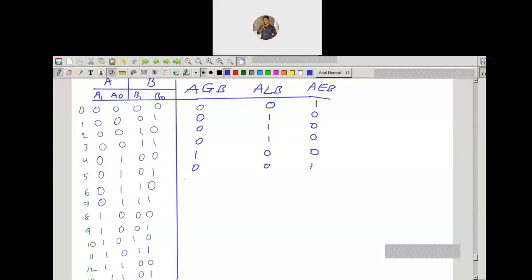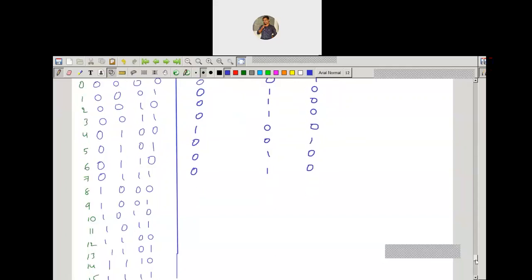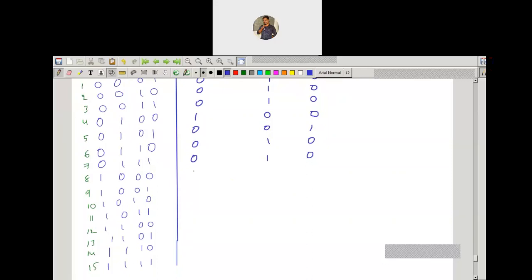I am doing this quickly here. Again it is 0 1 0, and here A more than B, so 1 0 0. And again A more than B, 1 0 0. And here A equal to B, that is 1 0 1 0, so 0 0 1. And here 1 0 1 1, it means A less than B, so 0 1 0.